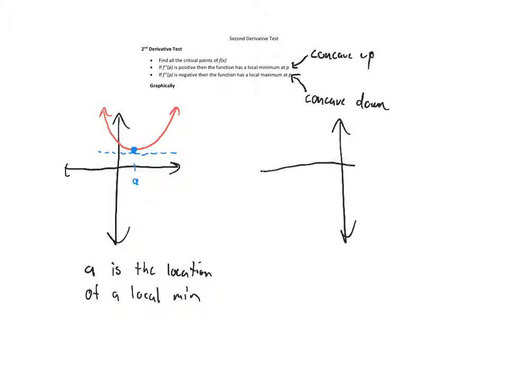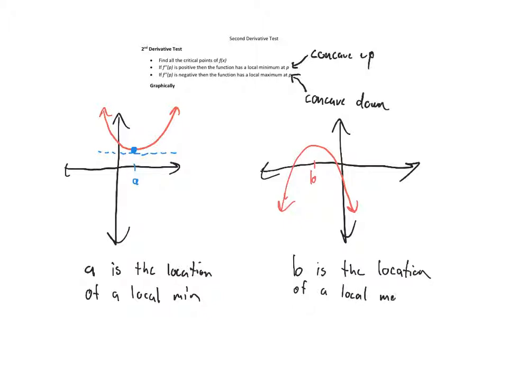So graphically, let's say we had this function, and at this point, x is b. I would say b is the location of a local max.